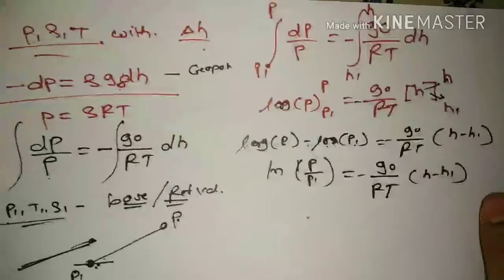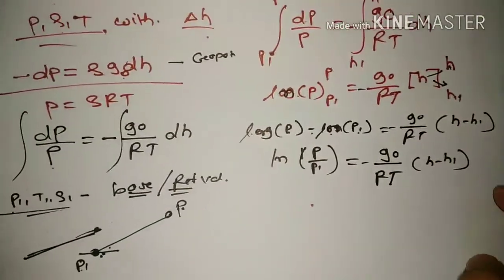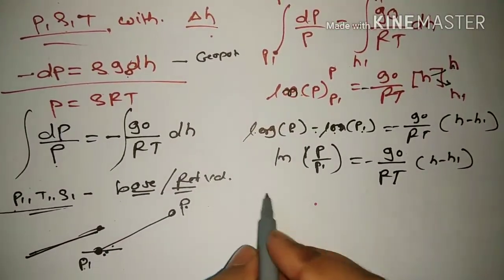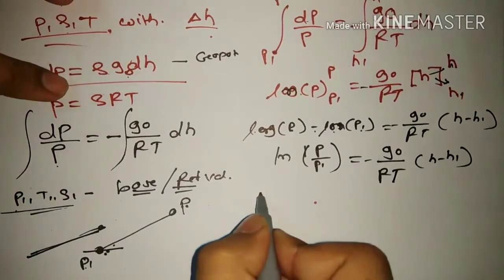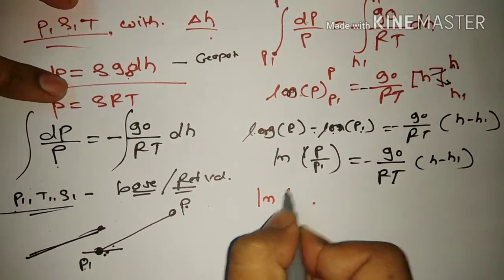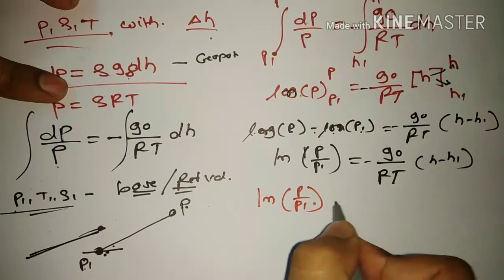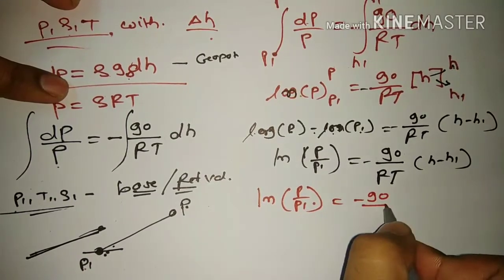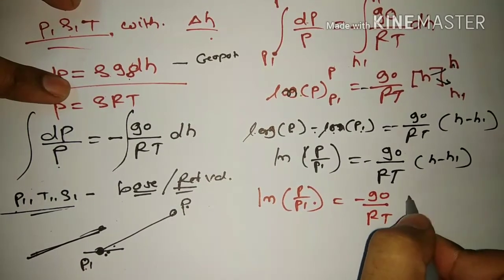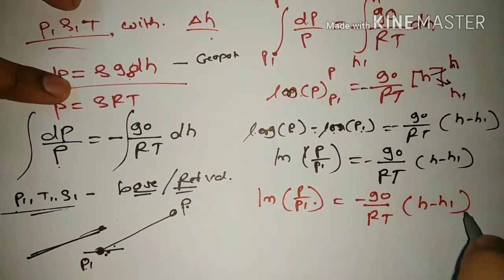So we get here the final equation: ln of p by p1 is equal to minus g0 by RT times (h minus h1).